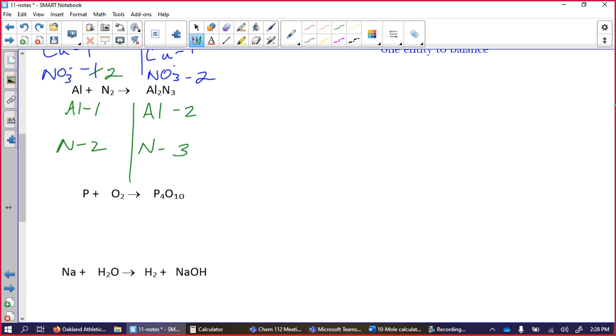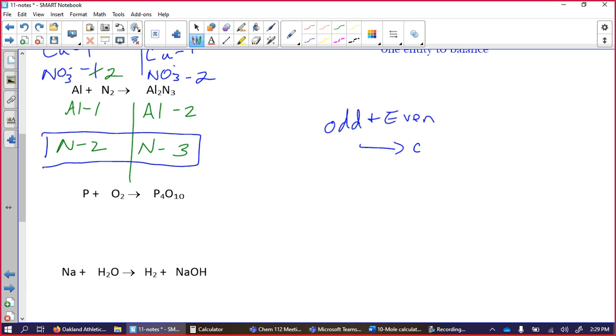When we have this situation here, where those are more or less a 2 and a 3, odd and even, I can't just put one number in here and have everything balanced. So this is another instance like charge. We look for a common multiple. Well, the lowest common multiple of 2 and 3 is 6.